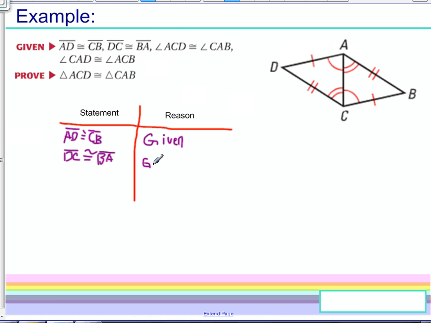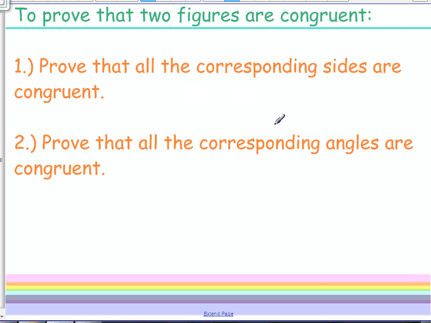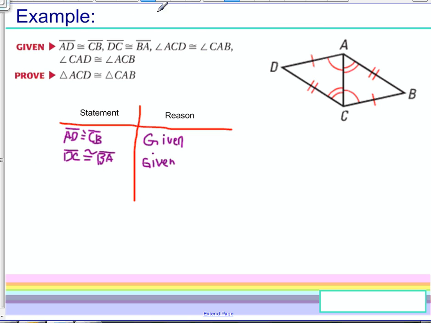Now, in our rules, it says that we need to make sure that all of our sides and all of our angles, corresponding angles and sides, are congruent. So I'm going to concentrate on the sides. I've just proven that this side is congruent to this side, and this side is congruent to this side. Now I have a third side.